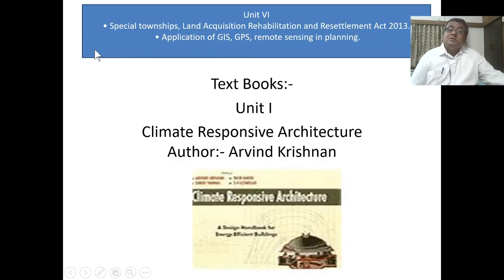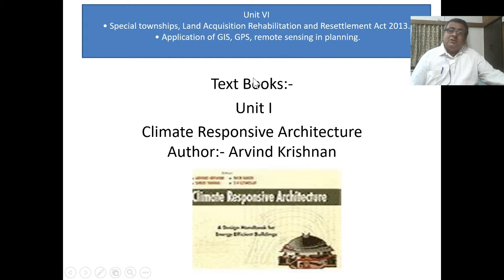Unit 6 comprises the special townships, Land Acquisition, Rehabilitation and Resettlement Act 2013, and last one application of GIS, that is Global Information System, GPS, that is Global Positioning System, remote sensing in planning.